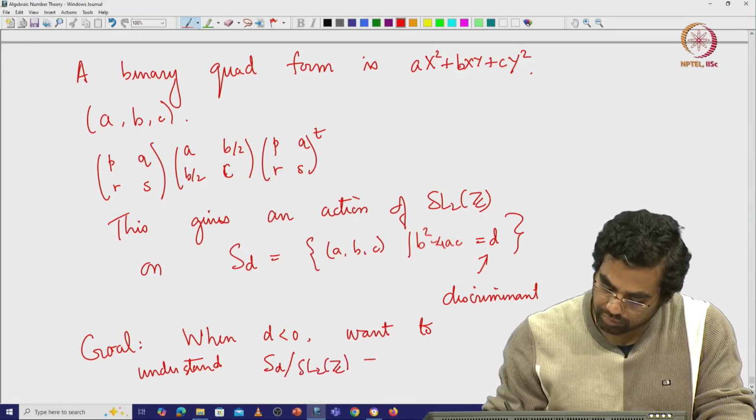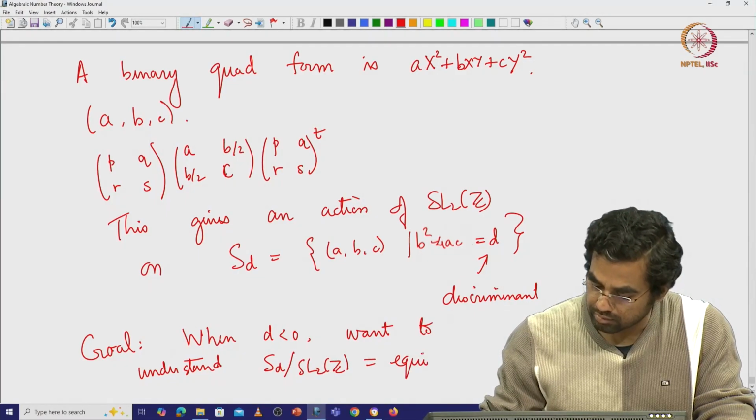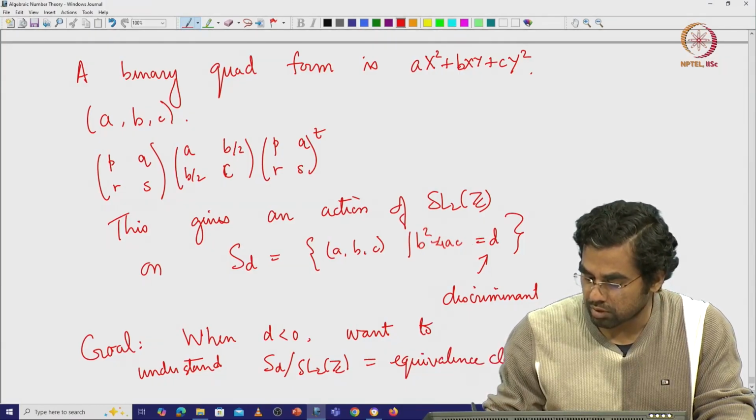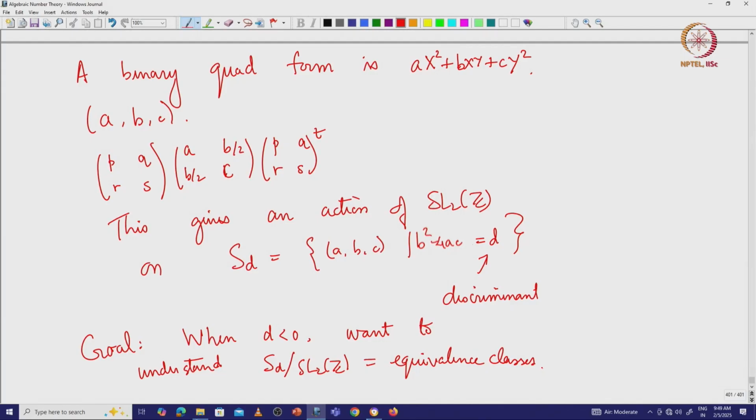Okay. I am not saying that SL2Z is a subgroup of S_D, I am just saying that there is an action of SL2Z on S_D, and this is what I denote the equivalence classes by.